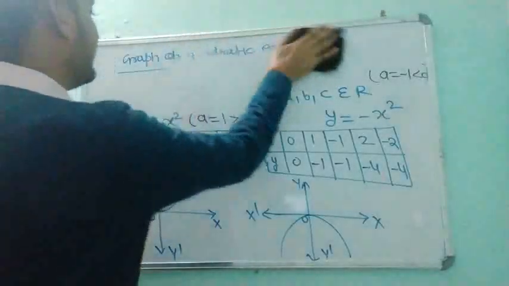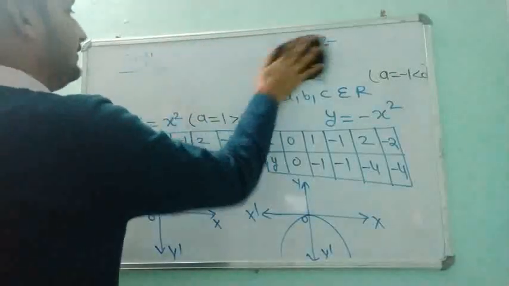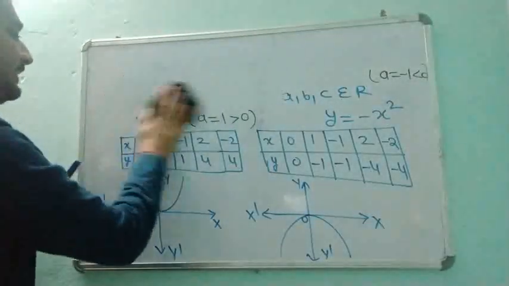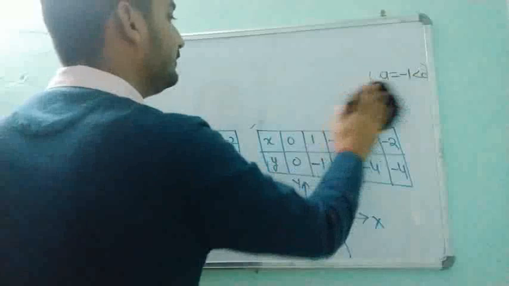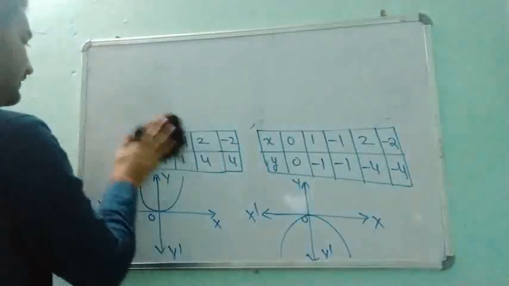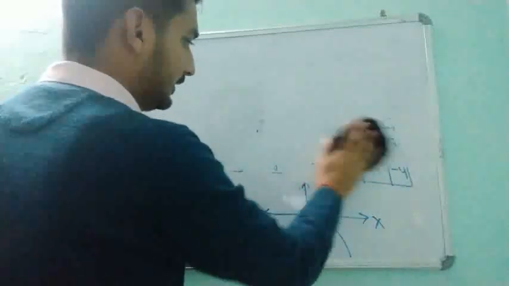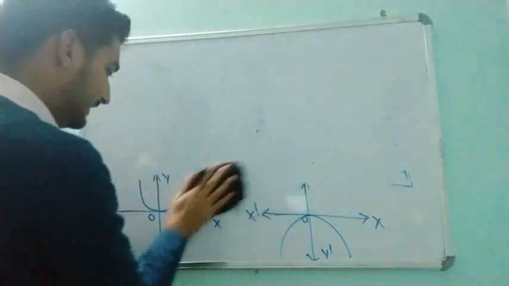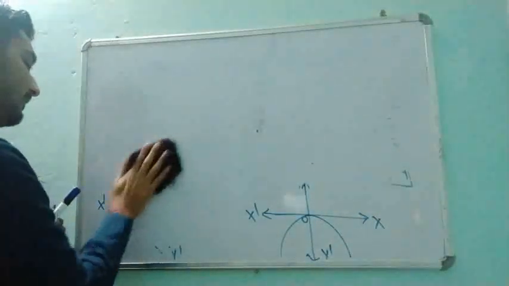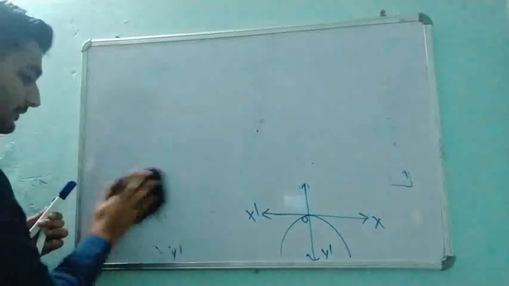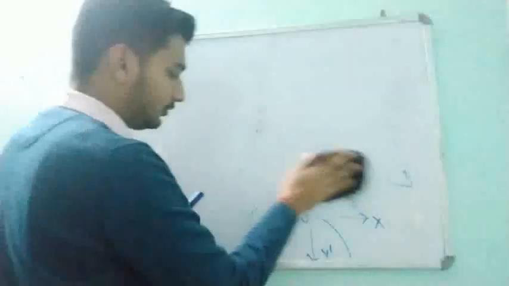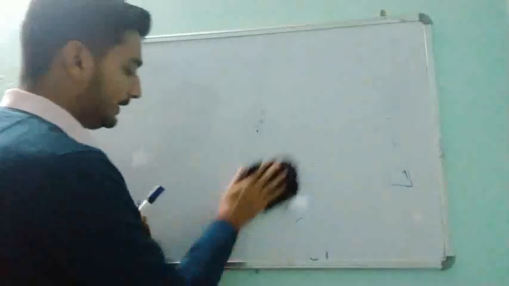So if the coefficient of x square is greater than 0, then the parabola mouth opens upward, and if it is less than 0, then it opens downward. By seeing the equation, we can say how the parabola is, whether it opens upward or downward, by checking the coefficient of x square.